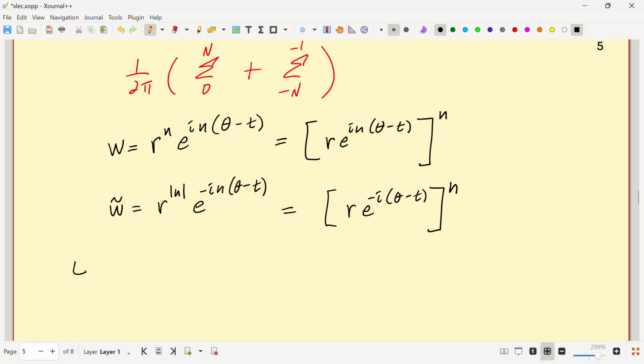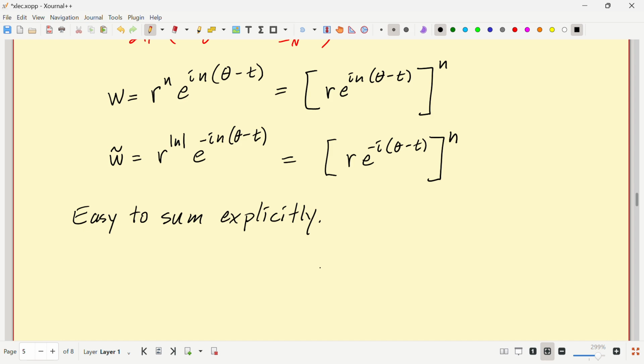It's easy to sum explicitly, and then do some algebra. Some clever algebra, though not terribly clever, you just sit down and do it.